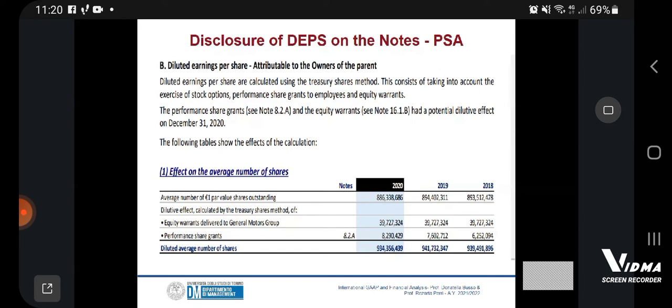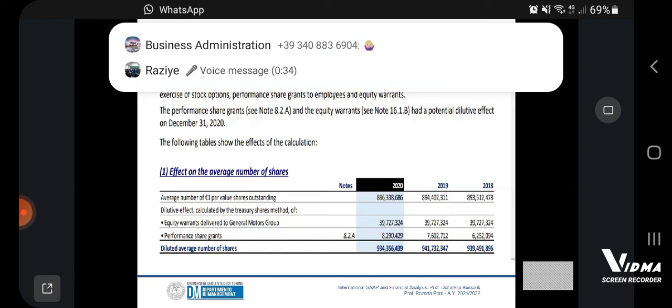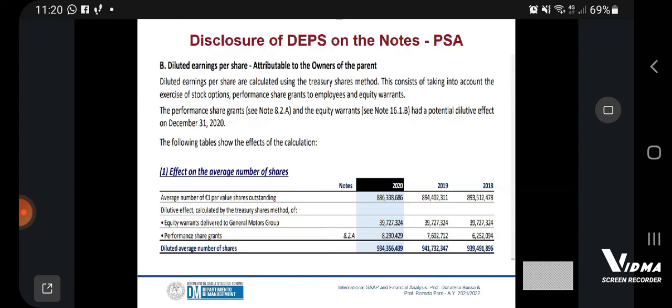So this is like the view from a real financial statement, what we expect to find about the earnings per share and also in the notes. Expect to include something similar in the presentation of your work project groups.